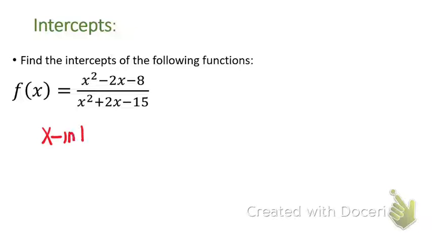So your x-intercepts are going to come from factoring the numerator. Go ahead and factor that down and find your two x-intercepts.